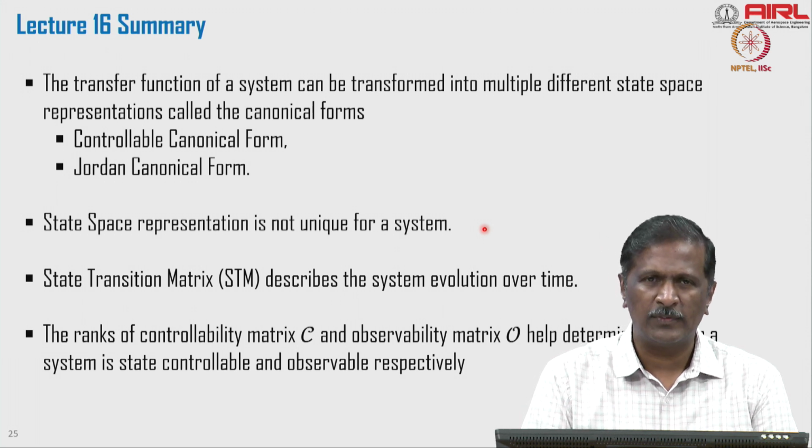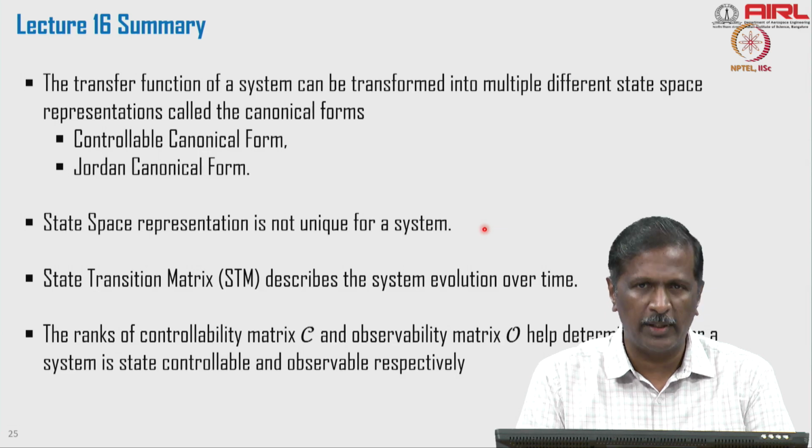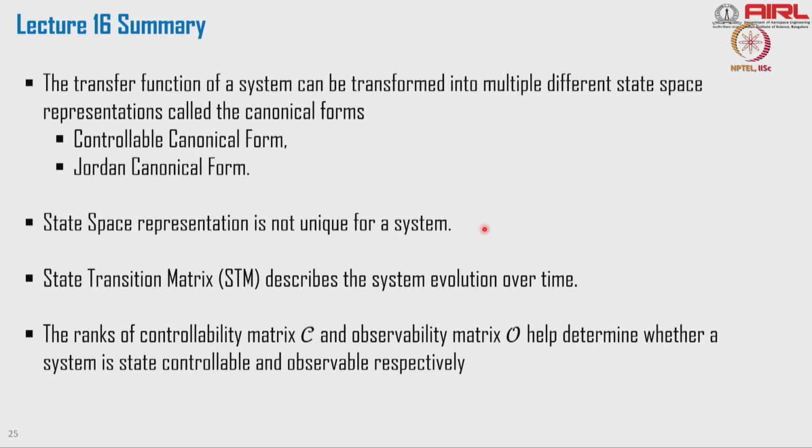And you also saw that state space representation is not unique. You can represent the system in multiple forms, right. And we also talked about the state transition matrix, what the properties of the state transition matrix are, and what its significance is.